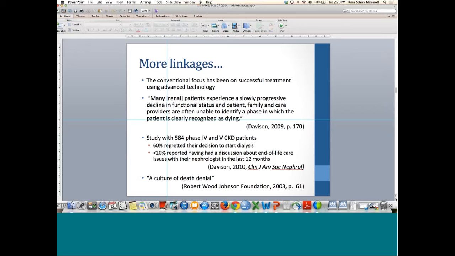And I guess the other thing, in looking at linkages with palliative care, is that the majority of renal patients do not access palliative care services, even if they go through a withdrawal of dialysis and go towards conservative management. So the linkages are strong, but often not clearly apparent in how we conceptually think about palliative care.